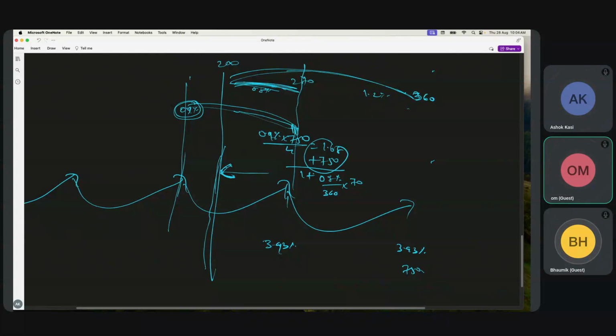This method, if you follow, will be applicable everywhere. But whichever you are comfortable with, you may do that. You just have to remember that the shortcut will be applicable only on the resettlement date.